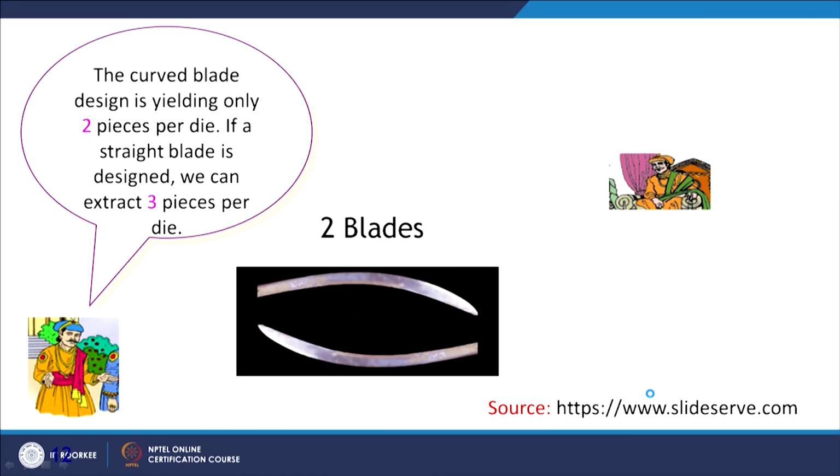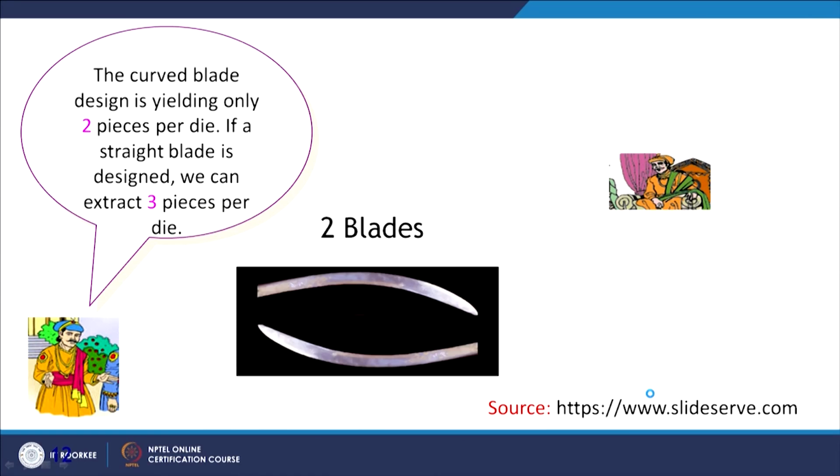Depending upon the size of the sword, per unit area we are getting 2 swords only. But for the same given area, if we change the design of the sword and make it less curved, we can improve our yield and get 3 swords. I think it will become clear with the help of the diagram on the screen.